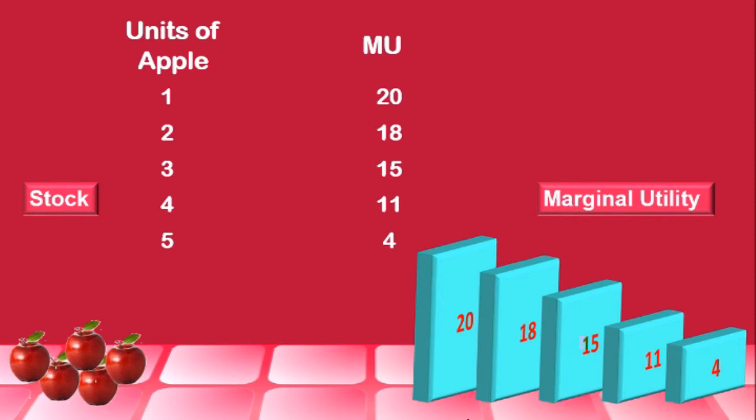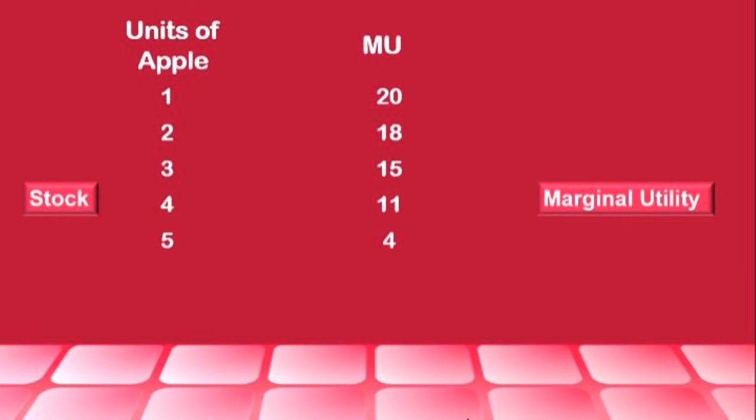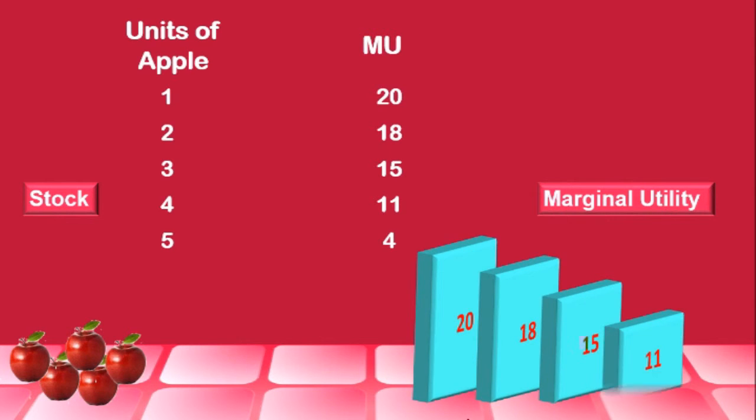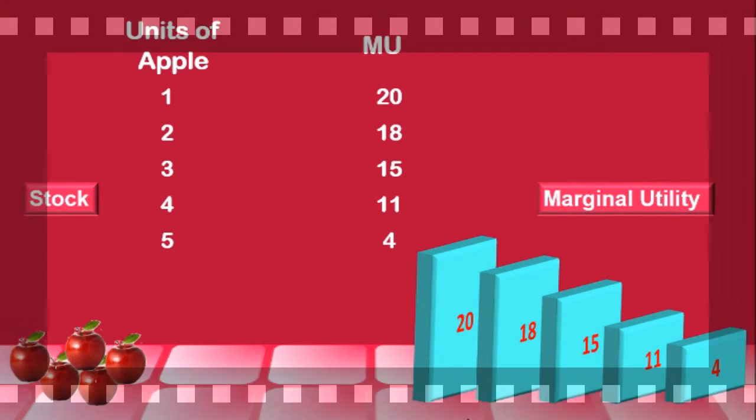Observe the utility schedule carefully. As the stock of apples increases, its marginal utility falls with every new addition. We can show it in the form of a graph. Along the x-axis, we measure the number of apples, and along the y-axis, marginal utility is measured.